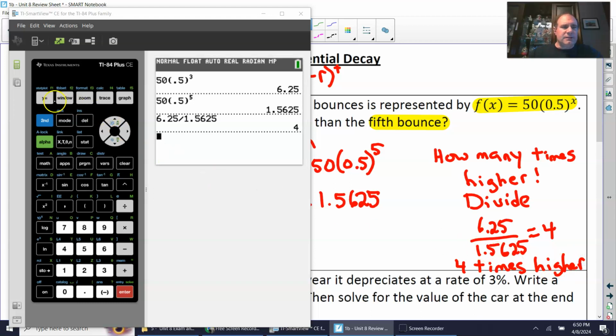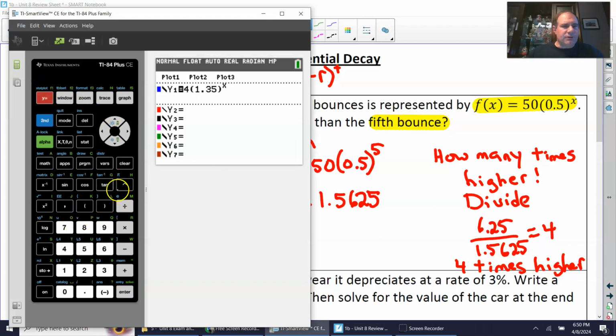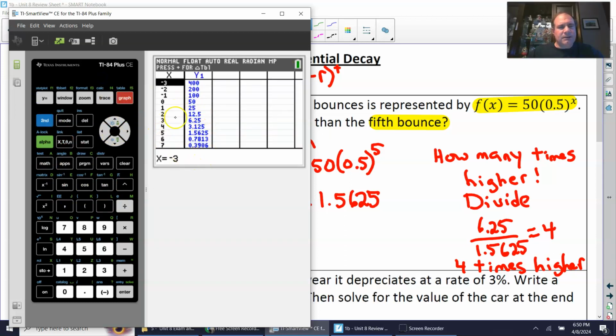Again, you could put this into the calculator, and I'm just going to see if that works out. We're just going to go to the calculator here. So the third bounce is 6.25.